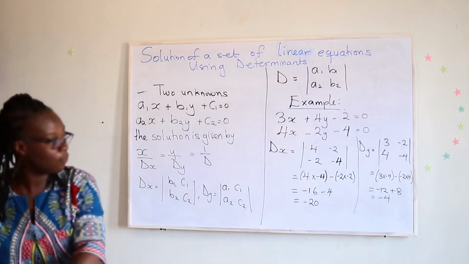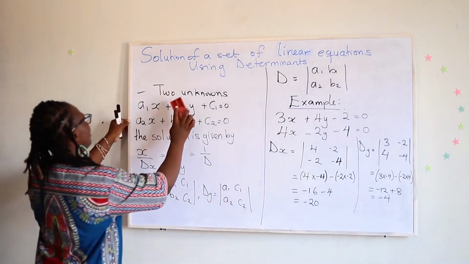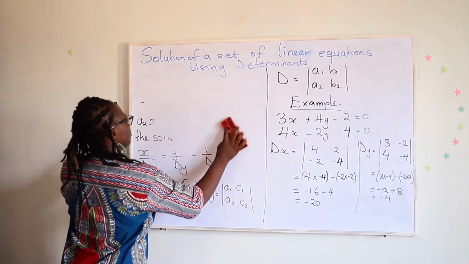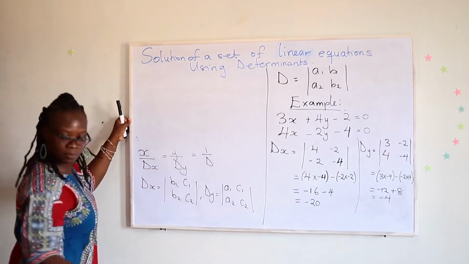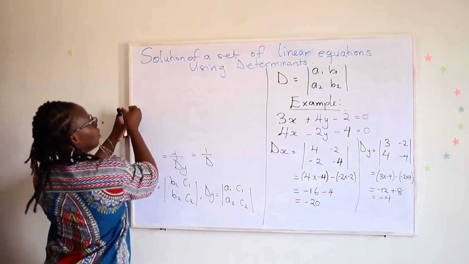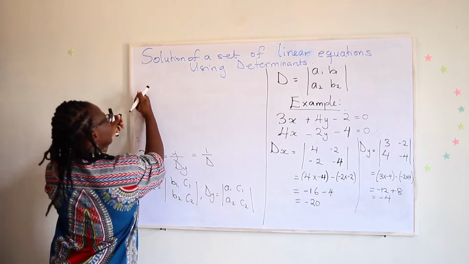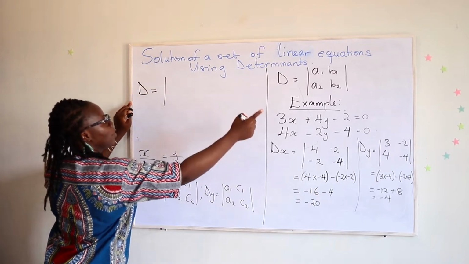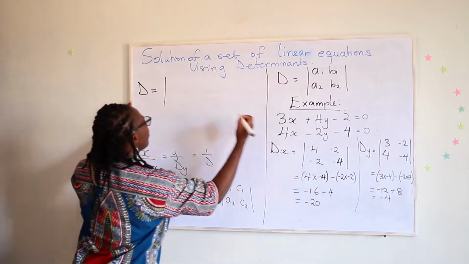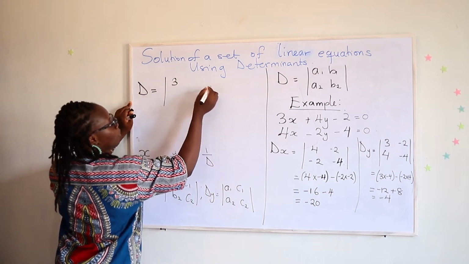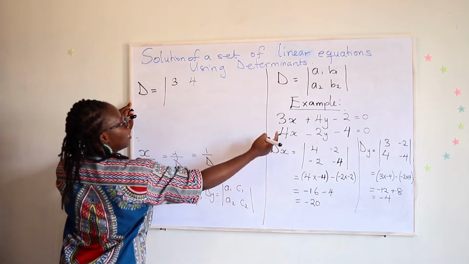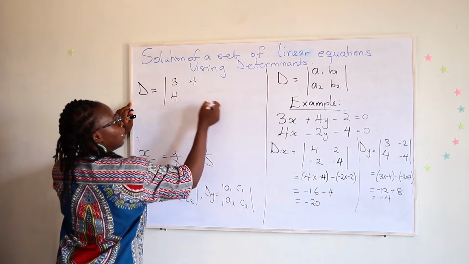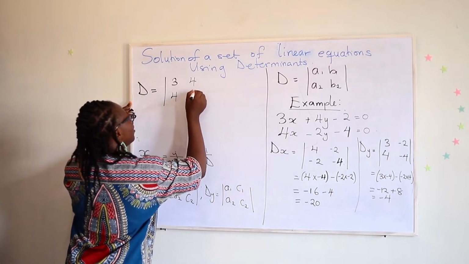We do the same thing for d. So we said d is a1, b1. So what is my a1? My a1 here is 3, b1 is 4, then a2 is 4, then b2 is minus 2.